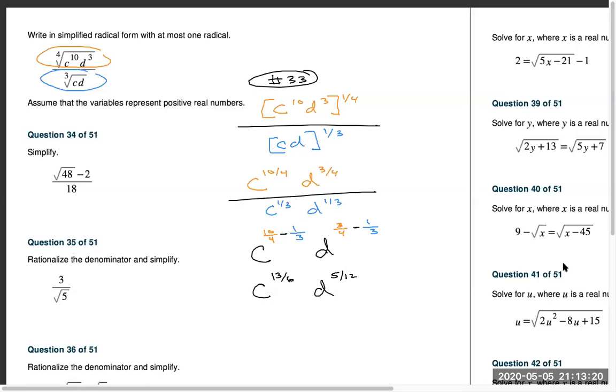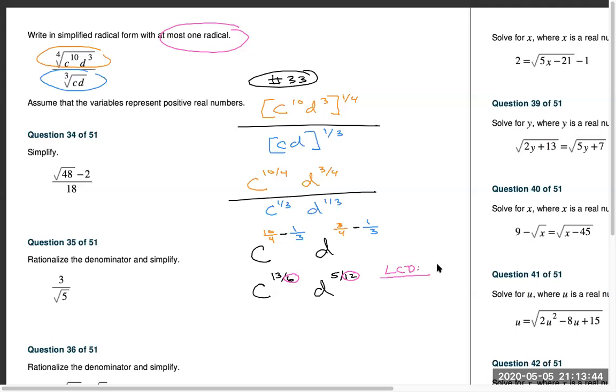Okay, now the next strange thing is you want to write this all under one radical sign. So let's put that in pink. At most one radical. That means you want to get your index to be the same. So use LCD.